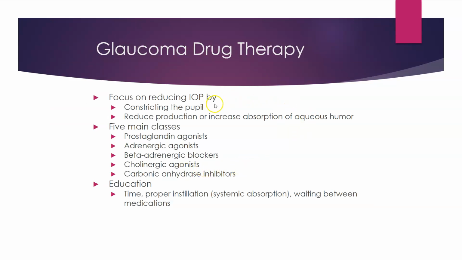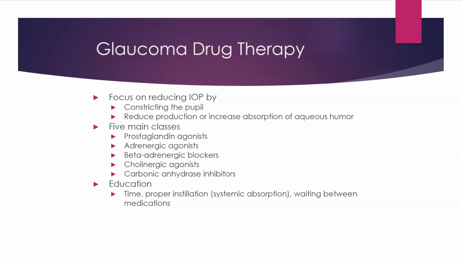Therapy for this can include different drugs, so we're going to constrict the pupil and do a good assessment of this. We can try and reduce the production of aqueous humor within that eye from some of these different classes. So prostaglandins, adrenergic agonists, beta-adrenergic blockers, cholinergic agonists, and carbonic anhydrase inhibitors.